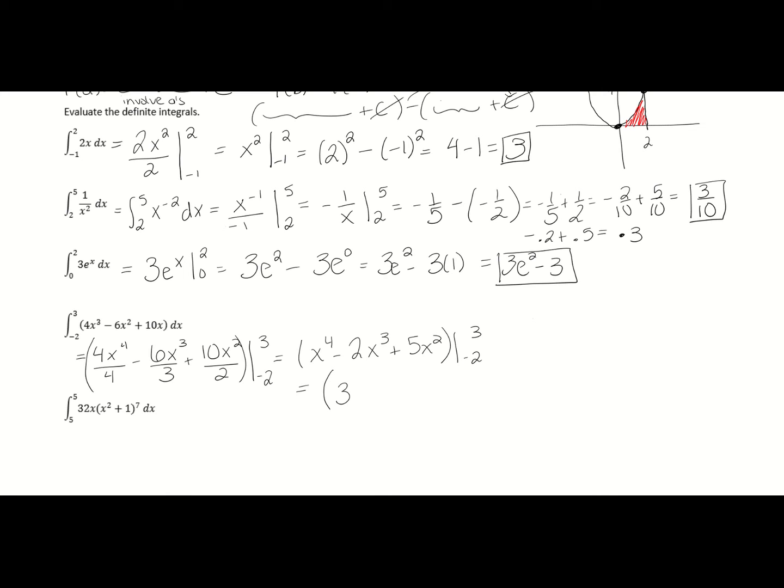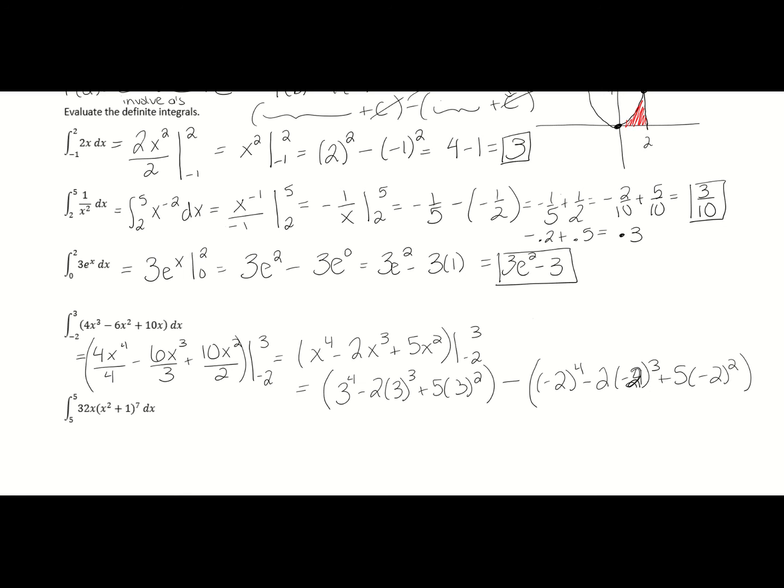So I'm going to have 3 to the 4th minus 2 times 3 cubed plus 5 times 3 squared, minus, in parentheses, negative 2 to the 4th minus 2 times negative 2 cubed plus 5 times negative 2 squared.